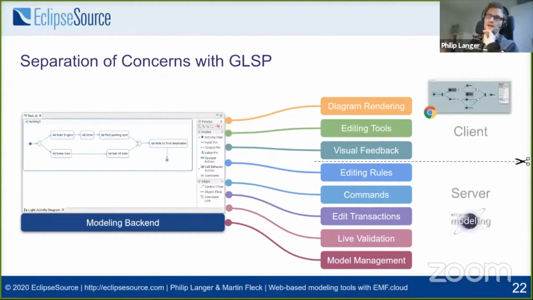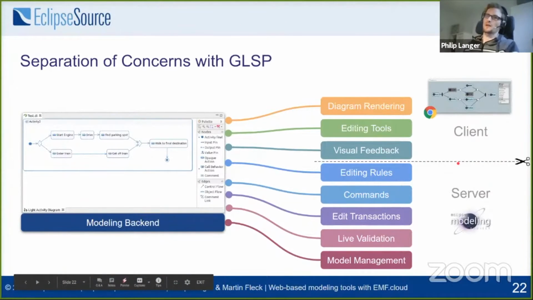In order to draw the line in GLSP, we specified that everything that needs to be on the client to provide good usability in terms of fast feedback and rendering runs on the client, which is then rendering, editing tools, and visual feedback. And everything else runs only on the server. So this is what really encapsulates the language know-how, like editing rules through to model management.